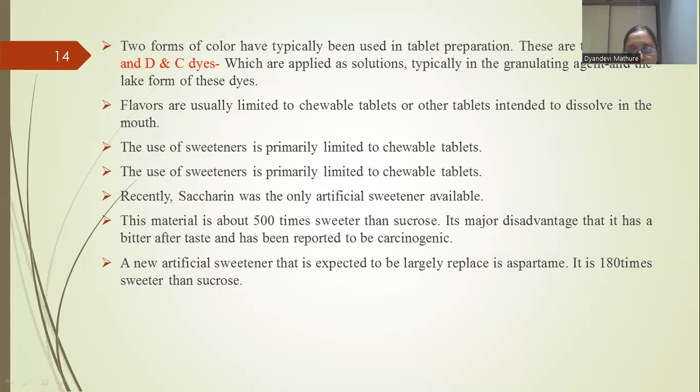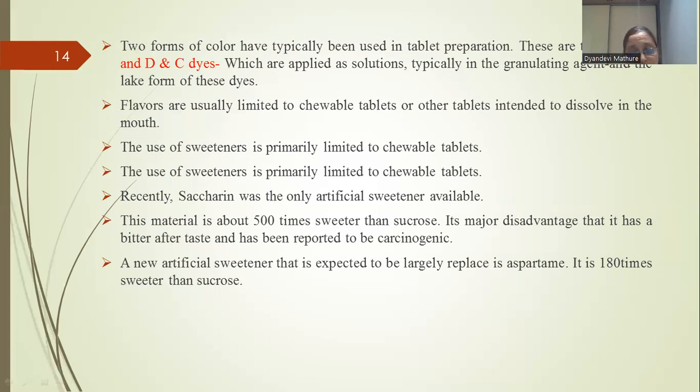Sucrose, as you all know, on lab scale we mostly use as a sweetener. But saccharin was the only artificial sweetener available, and some artificial sweeteners are also there. Saccharin is 500 times sweeter than sucrose, but it has the limitation that it has a bitter aftertaste and has been reported to be carcinogenic.